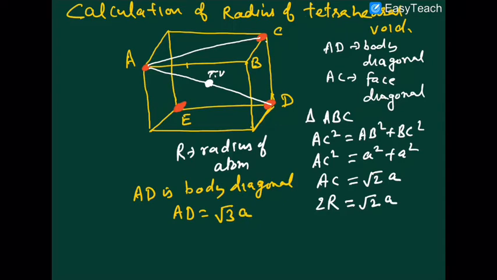AD has atom A, the tetrahedral void, and atom D. So it represents the radius of atom A, plus 2R, the diameter of the tetrahedral void, plus the radius of atom D. Here R is the radius of atom A, R is again the radius of atom D, and 2R is the diameter of the tetrahedral void.